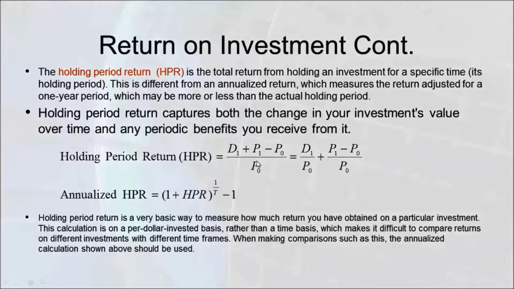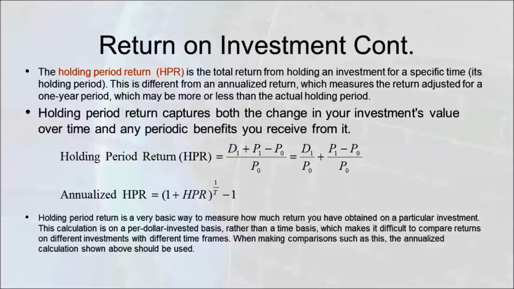Holding period rate of return is basically the total rate of return from holding an investment for a specific time. If you want to compare this return across different securities, you have to find the annualized rate of return. Basically, the holding period rate of return and the rate of return I just showed you are similar.